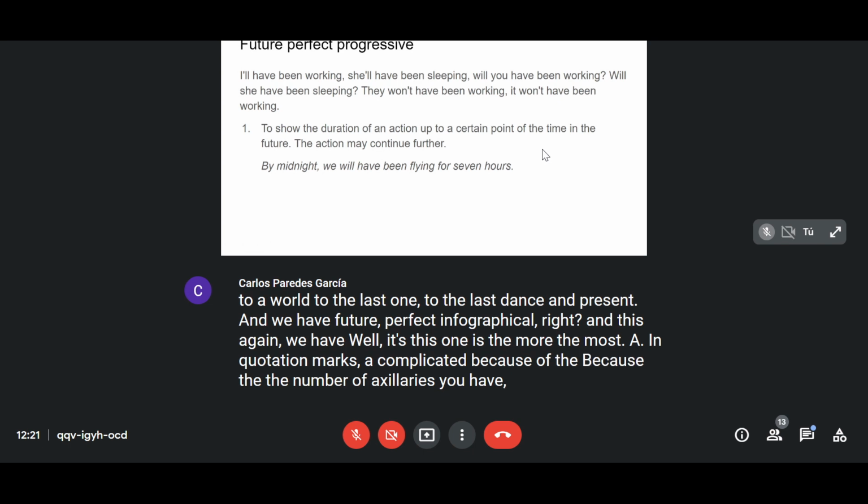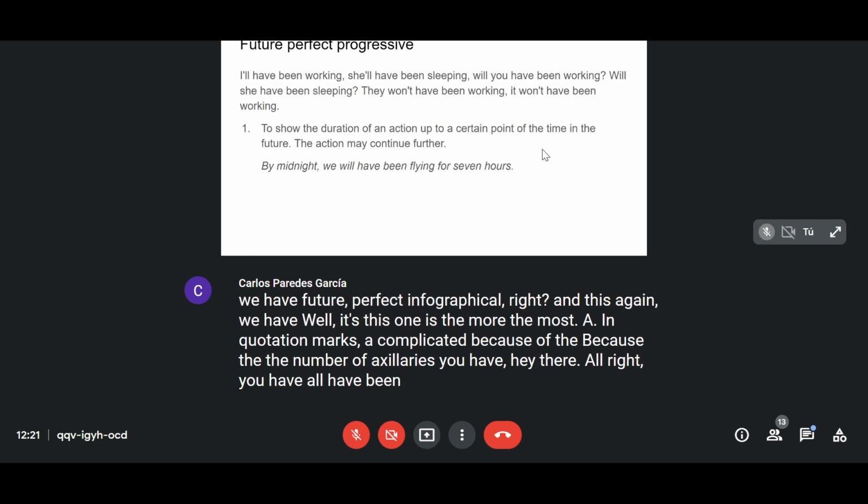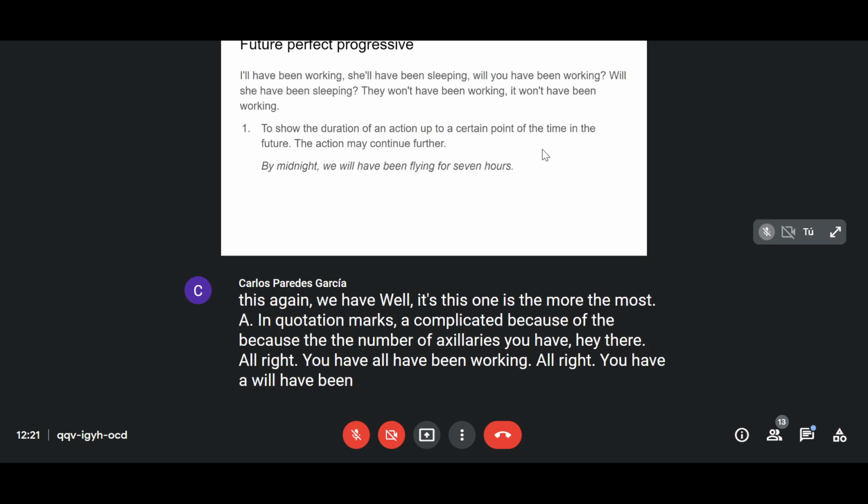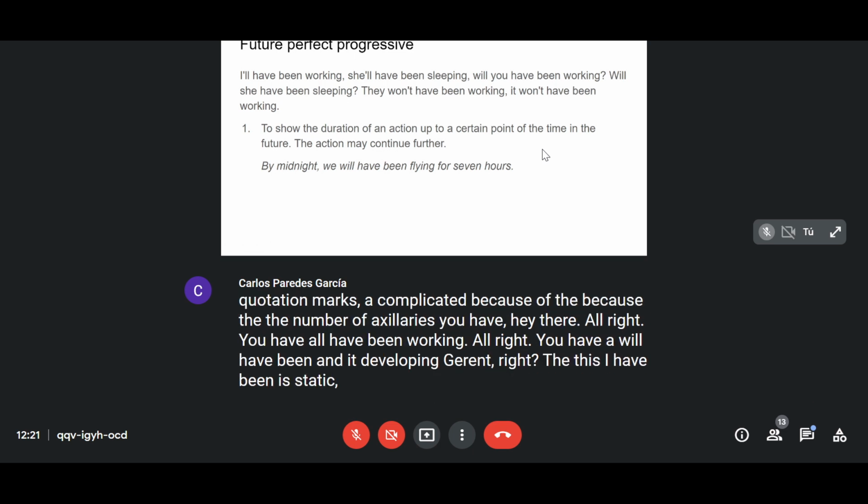All right, you have will have been working. All right, you have a will have been and the verb in gerund. Right, this will have been is static. You will always use it with this tense.